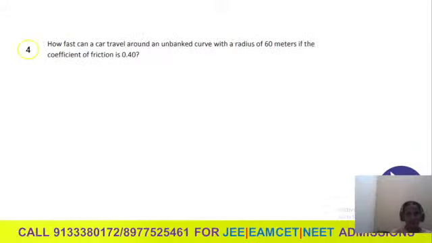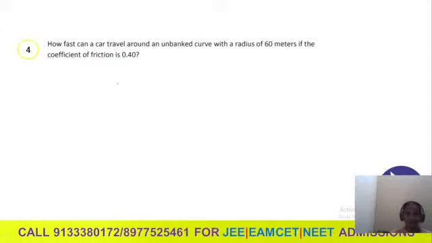Next question. How fast can a car travel around an unbanked curve with a radius of 60 meters if the coefficient of friction is 0.40? It is a question about circular motion on a level road.